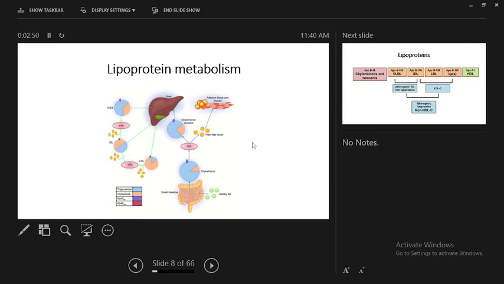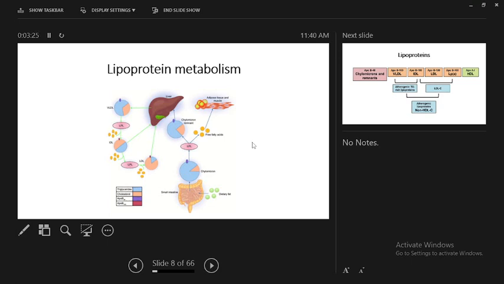With regards to lipoprotein metabolism, the lipoproteins are rich in triglycerides as well as cholesterol. The blue color is the triglyceride part and the pinkish one is the cholesterol. When the chylomicron is absorbed from the gut, lipoprotein lipase enzymes remove the free fatty acids, and then it is called the chylomicron remnant, which is again rich in triglycerides.